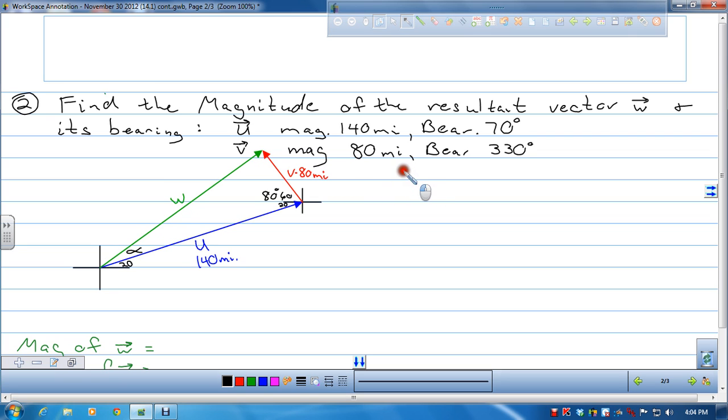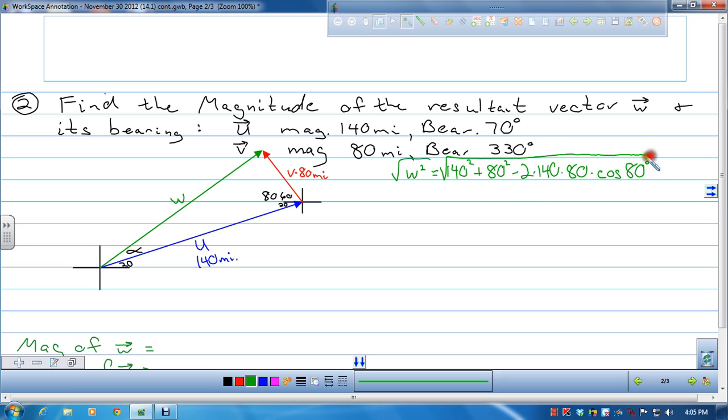If you remember, my law of cosines will say that W squared is going to equal side squared, 140 squared, plus the other side squared, 80 squared, minus 2 times the side times the other side times the cosine of the included angle, which I know is 80 degrees. Okay, so W is going to be the square root of that, right?